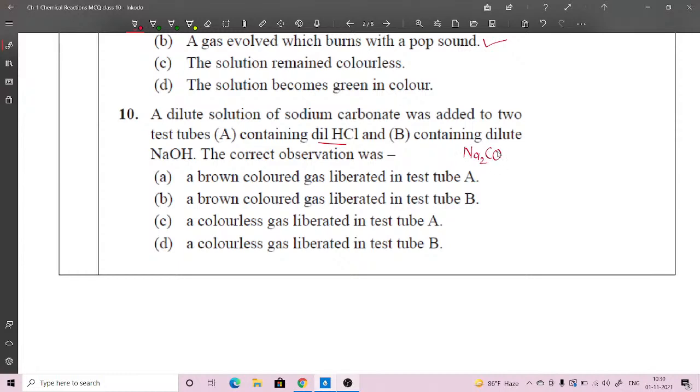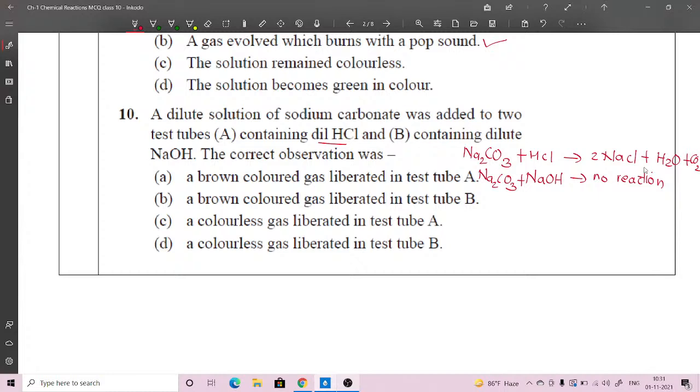Na2CO3, that is sodium carbonate, added to HCl will give you NaCl, sodium chloride, plus water plus carbon dioxide gas. The same sodium carbonate, when you add to NaOH, no reaction takes place.